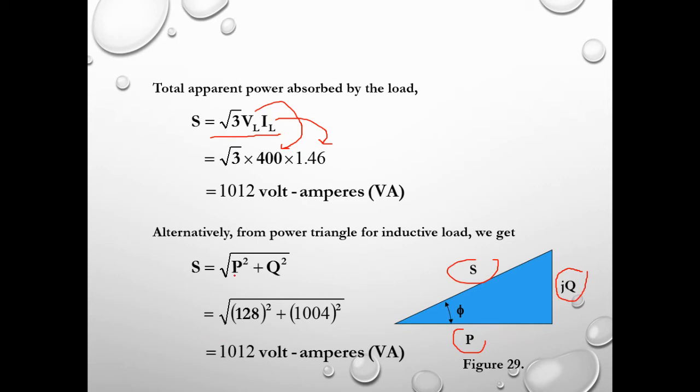Just substitute the values of P and Q, and you get the value of S, the total power absorbed by the load. Of course, you need to refresh on the trigonometry chapter.